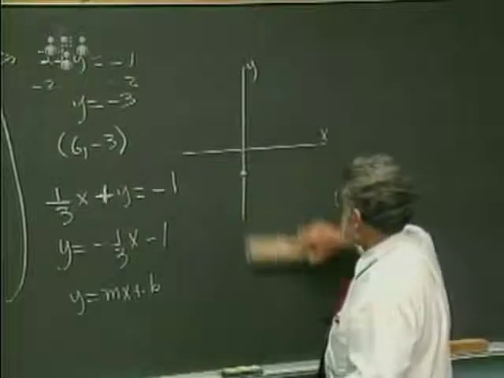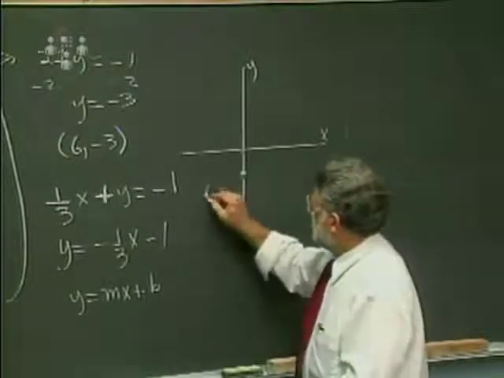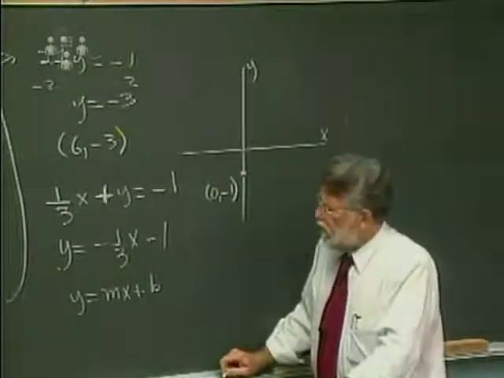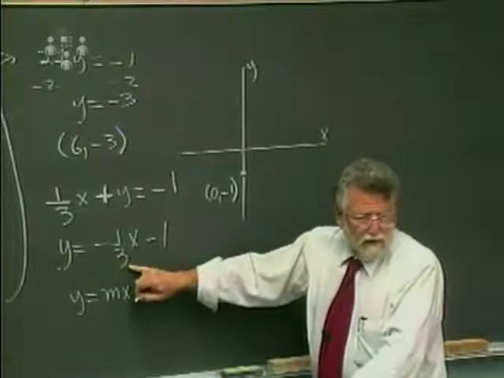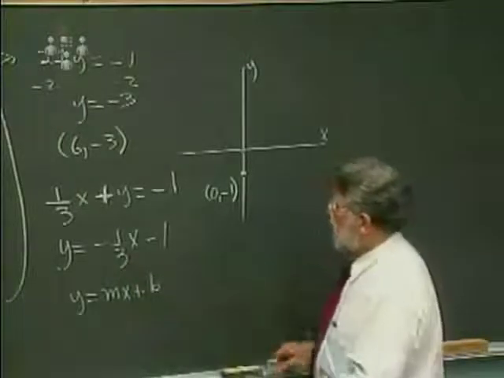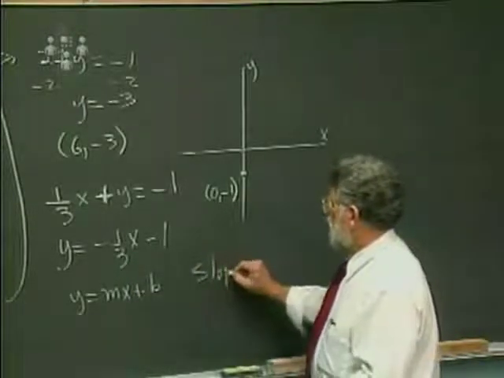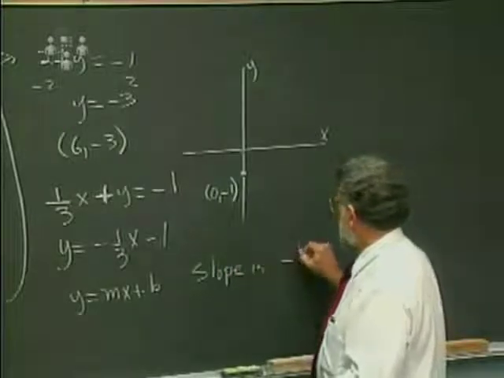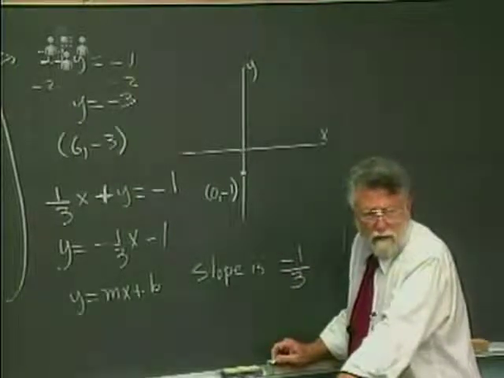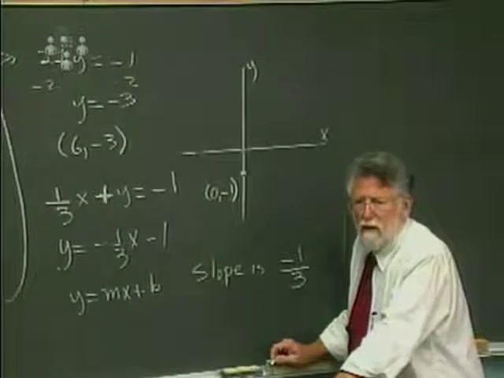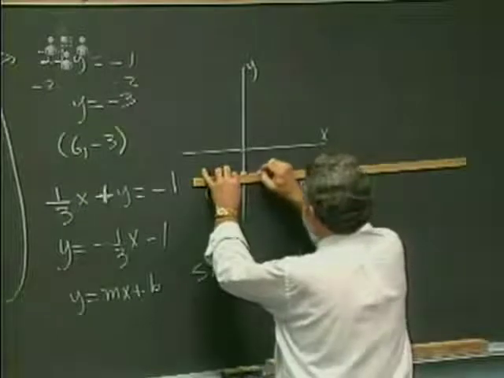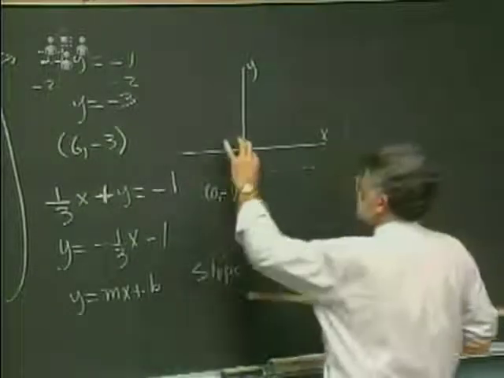Now, how do I get other points? And I shouldn't have put that close to there, so let me run that over here at 0, negative 1, because I have a slope of what in this form? My slope is negative 1/3. So note, slope is negative 1 over 3. And what does the 3 represent? Rise or run? Always over the run. Okay, so that says take a run. This is the starting line, your intercept, and we're going for a run.